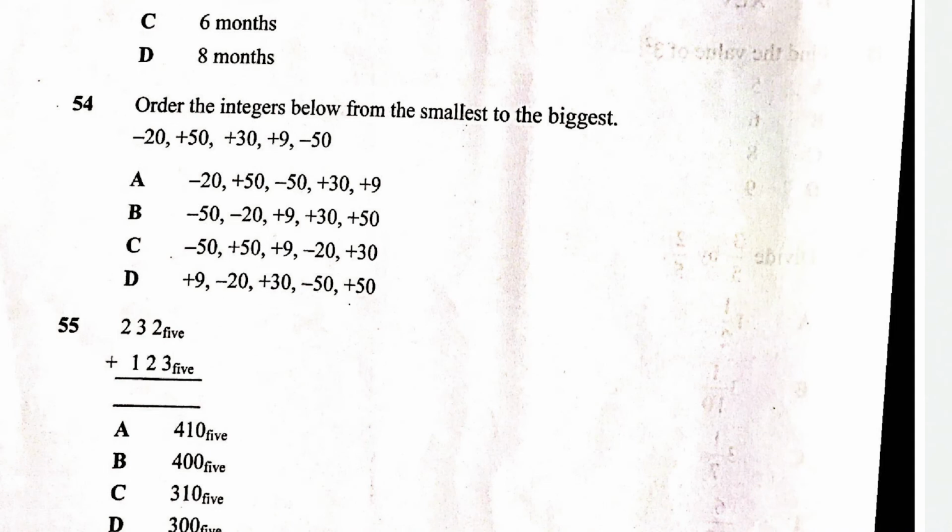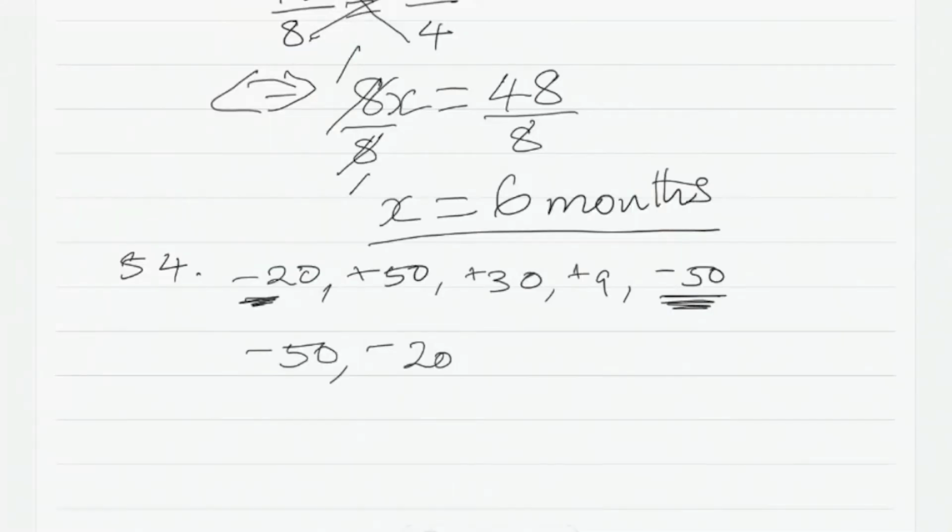So, negative 50 is smaller than negative 20. So, this is the way to go. Negative 20 is to the left of positive 9. So, negative 20 is smaller than positive 9.